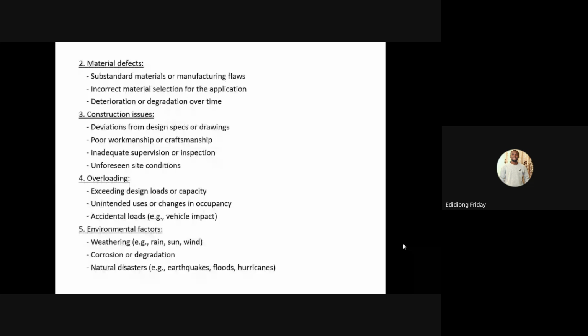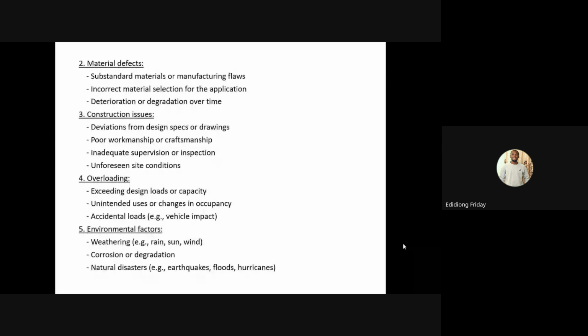Okay, and it happens a lot of times on a lot of sites. The client or the contractor is trying to cut corners, and cutting corners tends to deviate from the structural design. Now this is a major cause of failure.